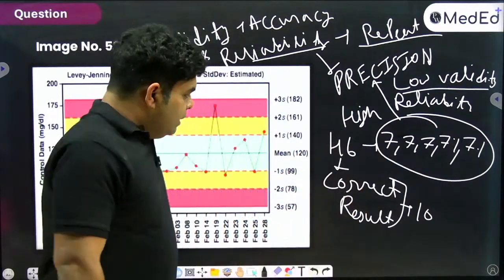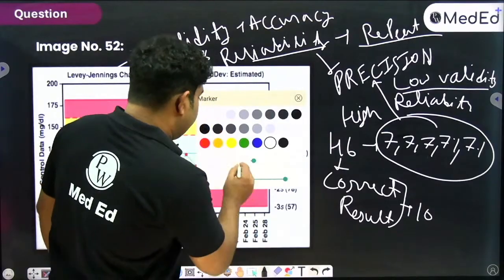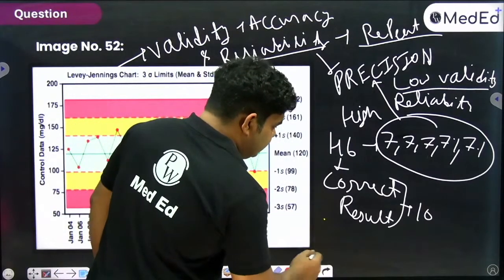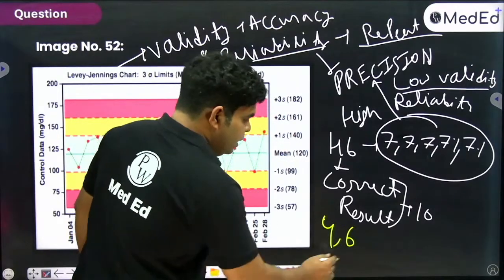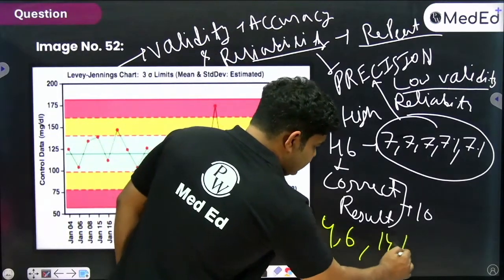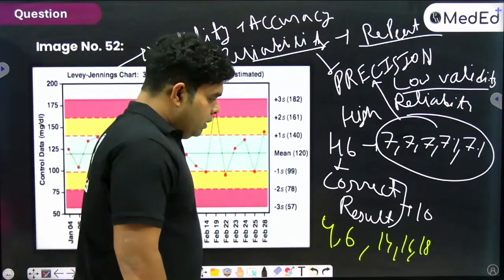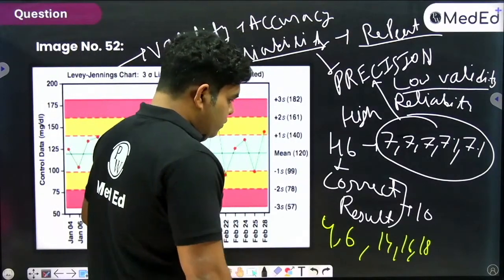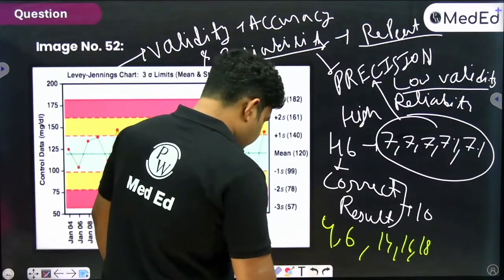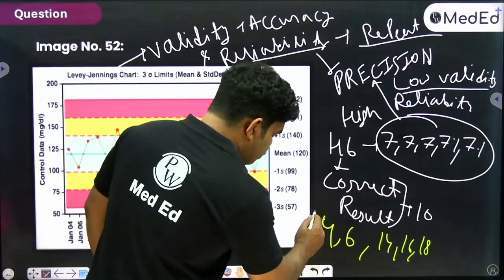Now suppose the correct result is 10 and our result is coming, let's say like this, 2, 4, 6, 14, 16, 18.